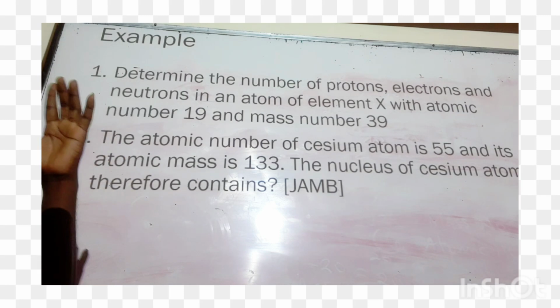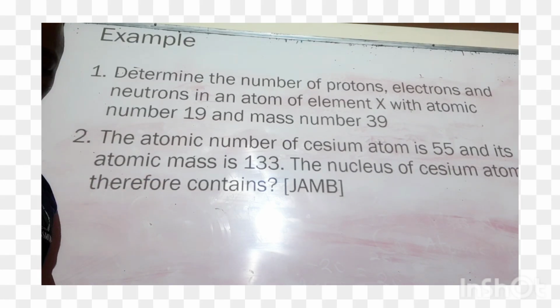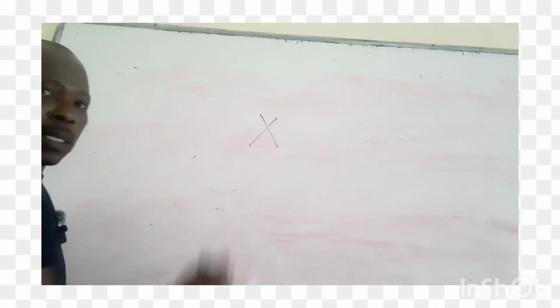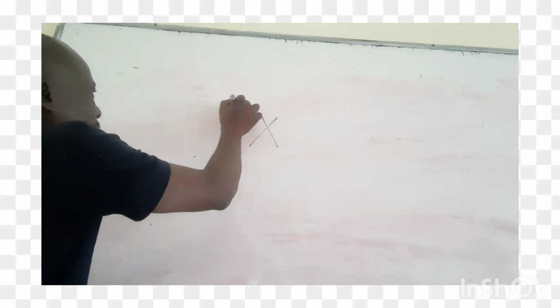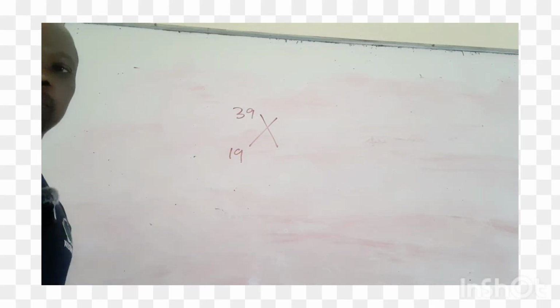We are asked to find out the atomic number. Remember that S has been given to us. So S here is an element with mass number 39 and atomic number 19.